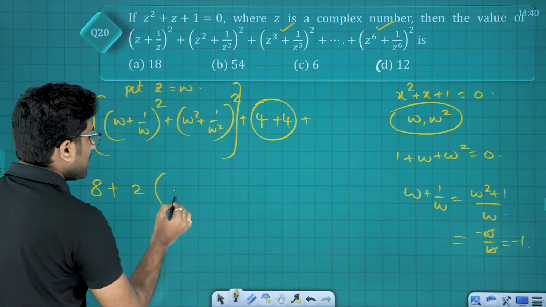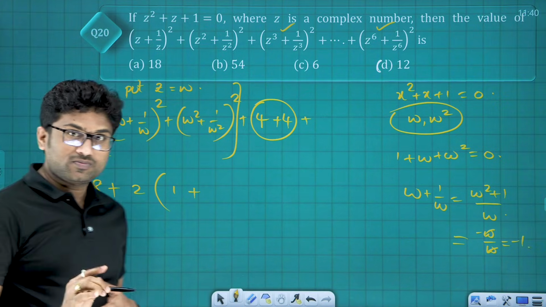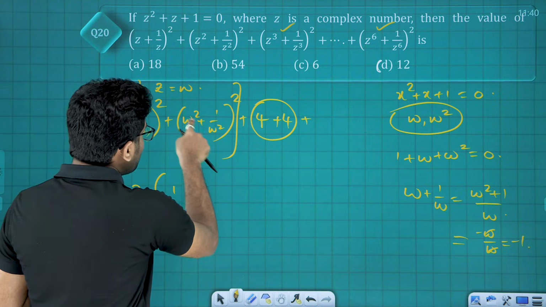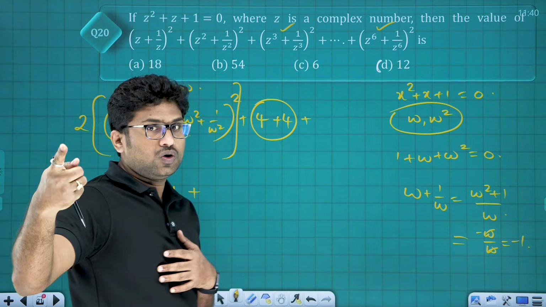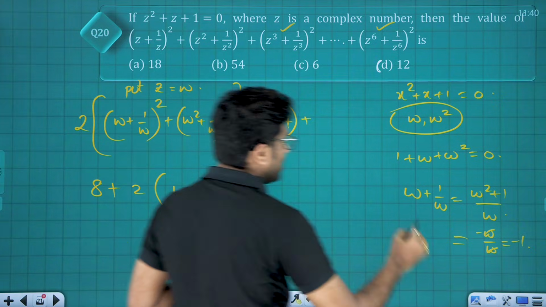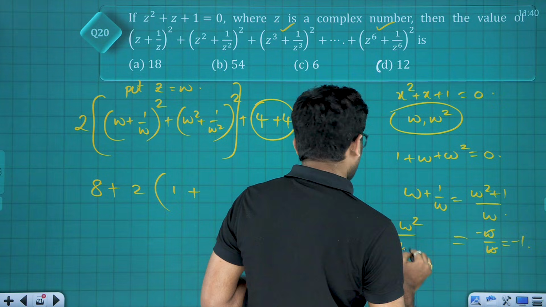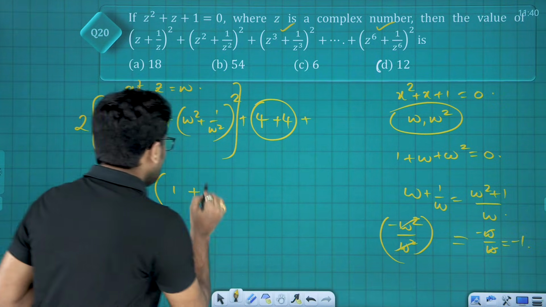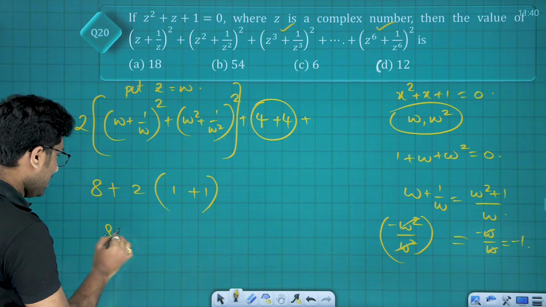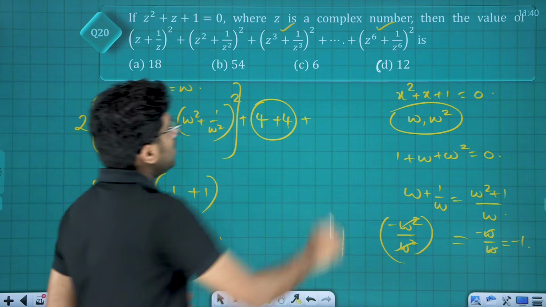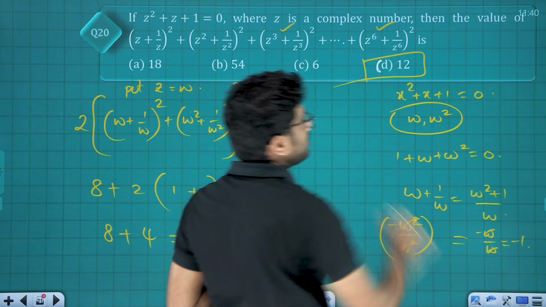Minus 1 whole square is plus 1 only. Plus omega square into omega square is omega power 4. Omega power 4 is again omega. 1 plus omega is minus omega square. Omega square by omega square, minus omega square, again 1. So this is clearly 8 plus 2 into 2, 4. 8 plus 4 is equal to 12, the answer.